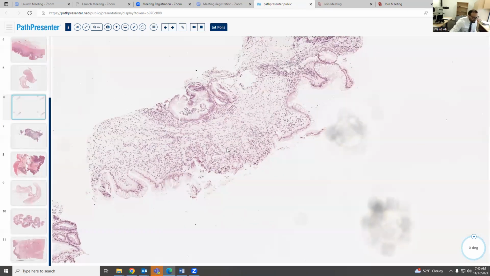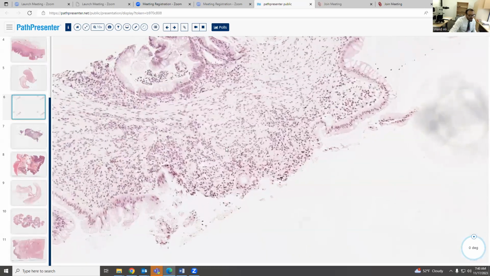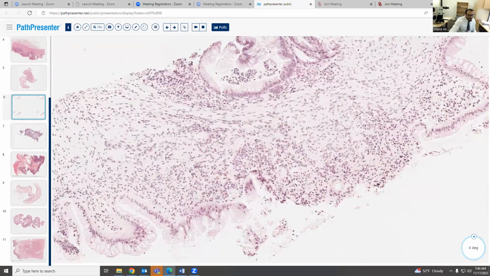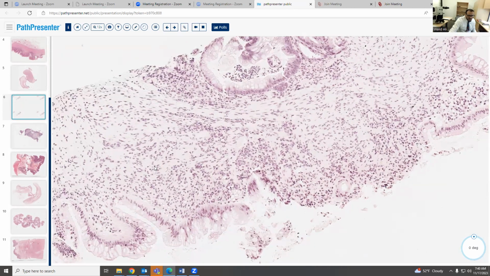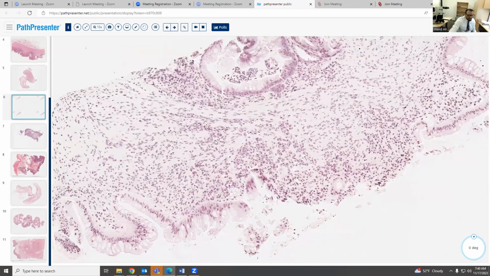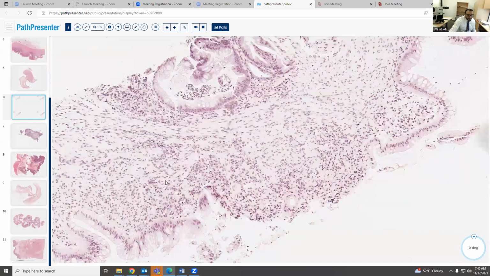And then if we go high power here, there are some cellular areas and some hypocellular areas. There's palisading of the nuclei here, and we can also see a hypercellular area.